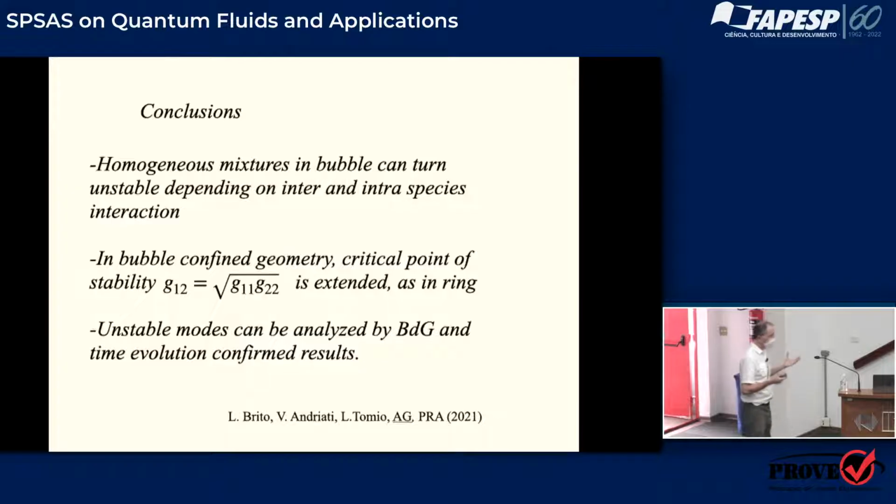But in this geometry, it is extended, and in this simple calculation of omega you can show it with a very simple expression, as in the work of Malomed and collaborators. The stability is extended, and unstable modes can be analyzed by Bogoliubov-de Gennes, and time evolution confirmed all the results. And this is in PRA 2001.